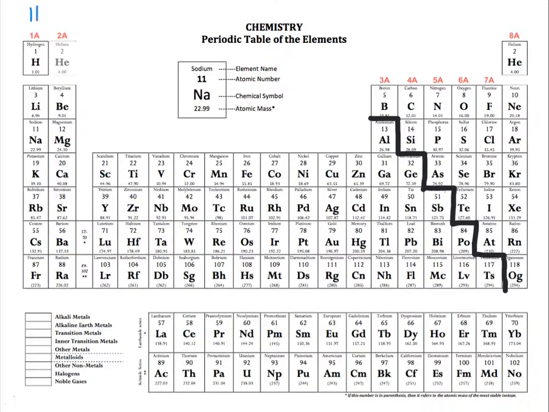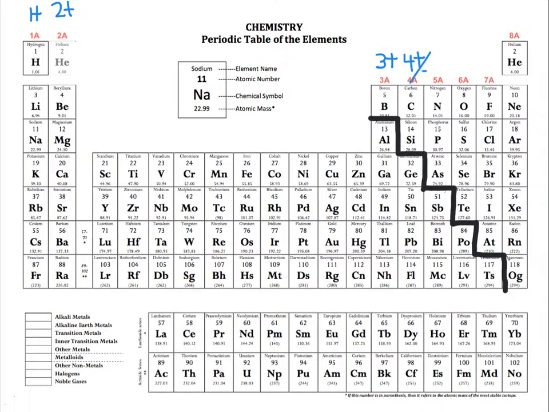So every element in that group will end up with a 1 plus charge. The second group will end up with a 2 plus charge. The third group, for any of them that are on the left of that jagged bar, is a 3 plus, and then this is a 4 plus.